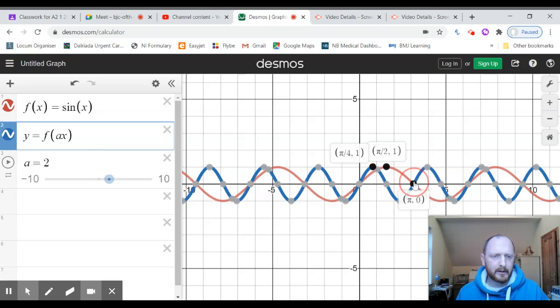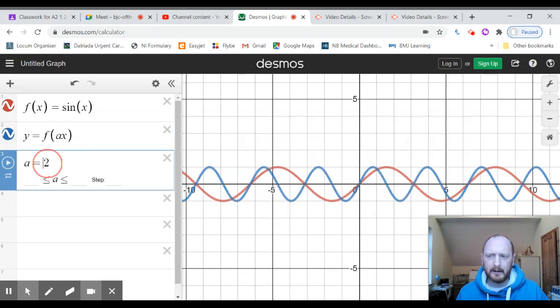We can see the first root on the sine graph is pi, and the first root is pi over 2 in the sine 2x graph. So what's happened is it's been squashed parallel to the x-axis from the y-axis, which doesn't move.